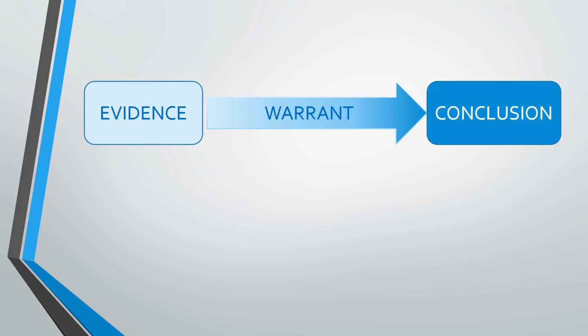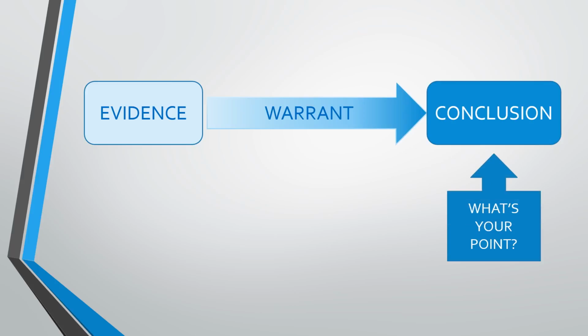But before we move on to deeper aspects of this program, I wanted to give you a very helpful way to identify the conclusion, the evidence, and the warrant of the argument. If you aren't sure what the conclusion of the argument is, just ask the argument, okay, what's your point? The conclusion is the argument's whole reason for existence.